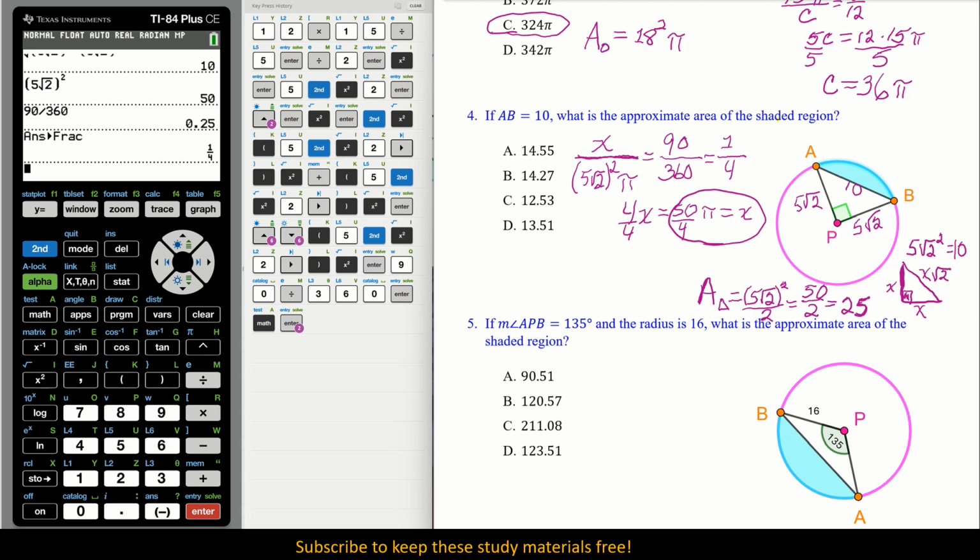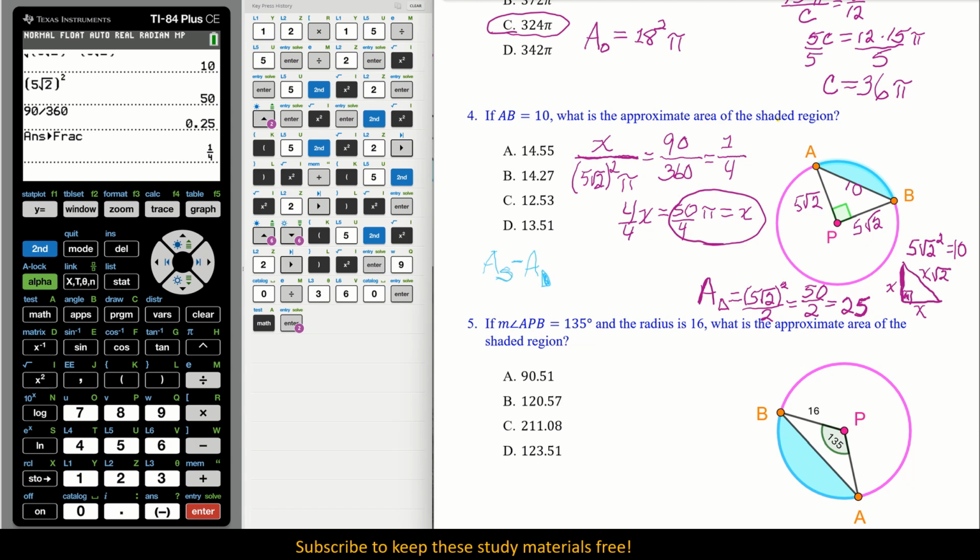Okay, so what are we really doing? X is our sector area, so we need to take our sector area and subtract the area of the triangle. Let me spell this out for us. We need the area of the sector minus the area of the triangle.